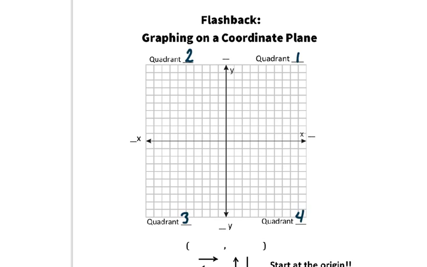The way that I like to remember which quadrant is which is because the word coordinate plane starts with a C, and so I can make a C, and that's the order of my quadrants. So I started my C right here, that's quadrant 1. And I came over here, quadrant 2, over here, quadrant 3, and finally quadrant 4. Very easy way to remember which quadrant is which.